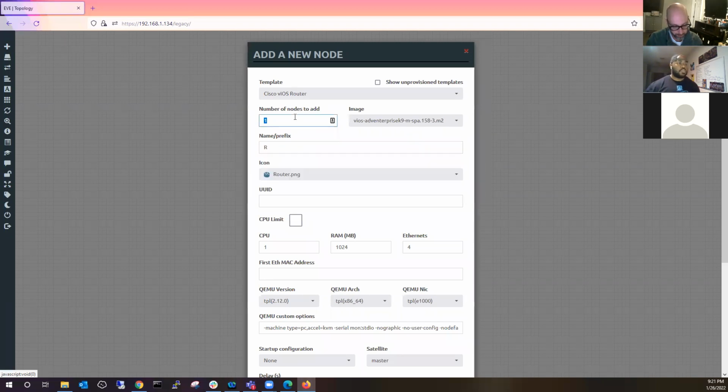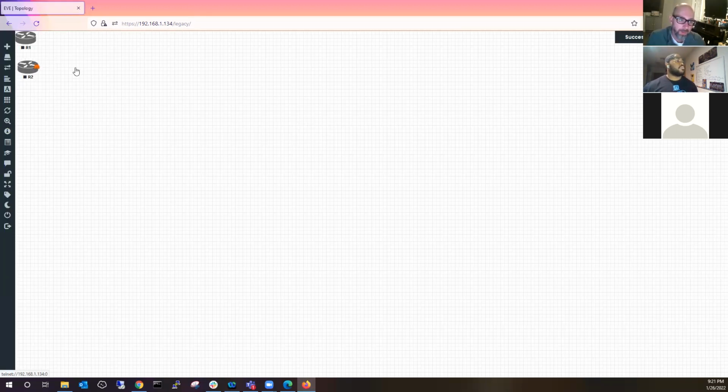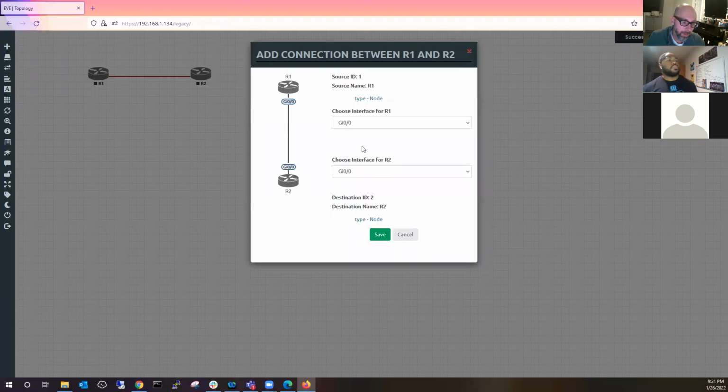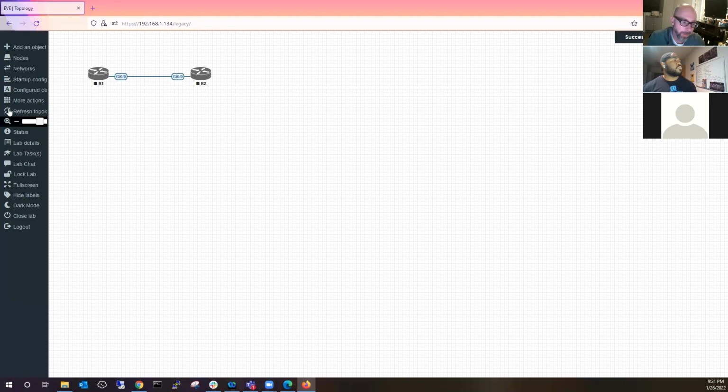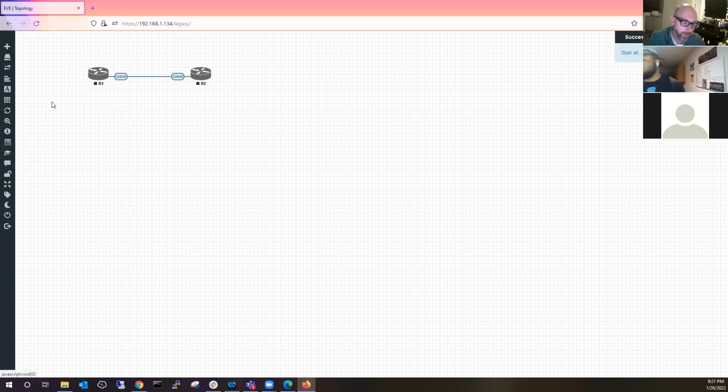OSPF. Explain to me the network types used in OSPF. I'm trying to think of, well, there's the stages that it goes through.